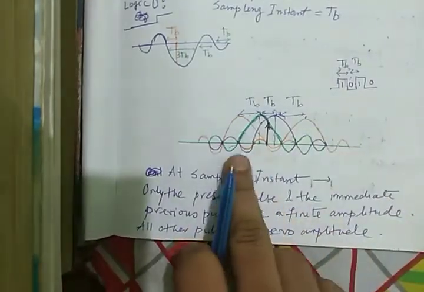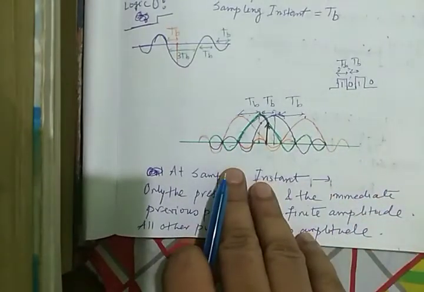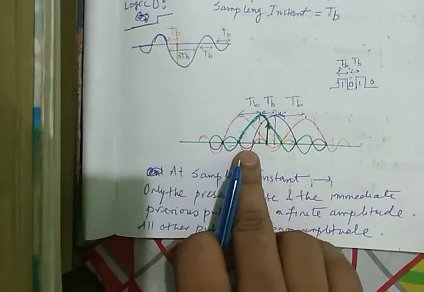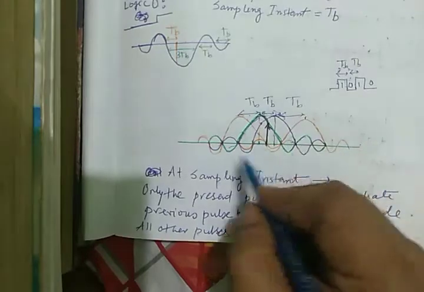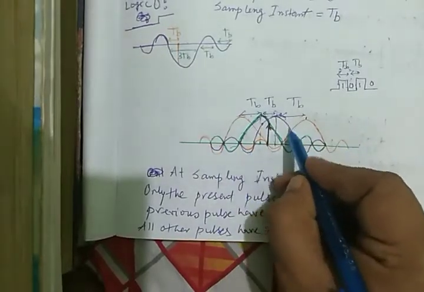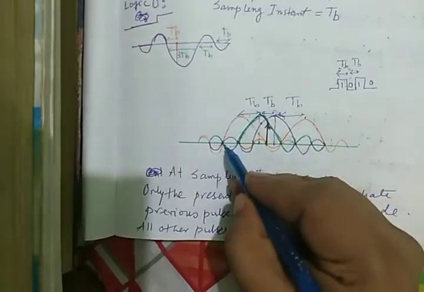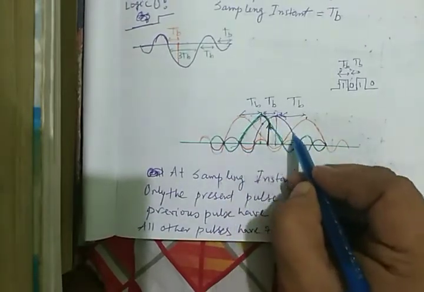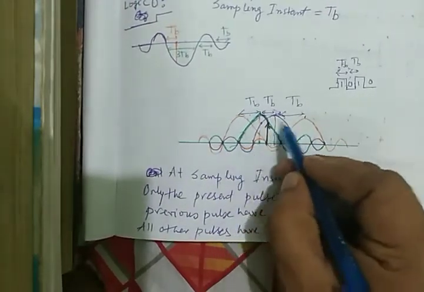For this kind of transmission you will observe a very interesting pattern. Suppose this blue color sinc pulse is my present pulse, the pulse of my interest.